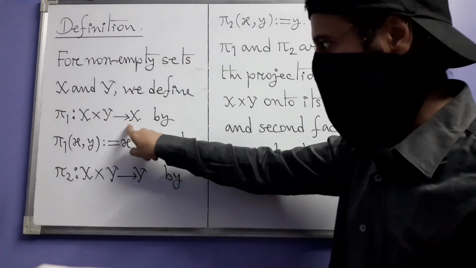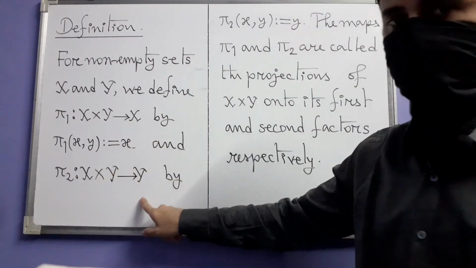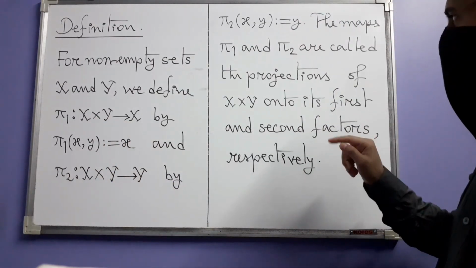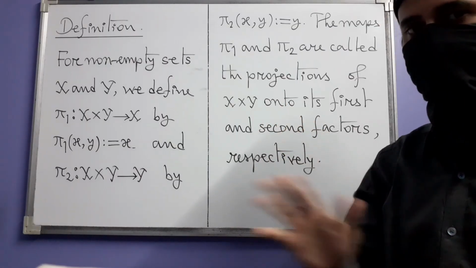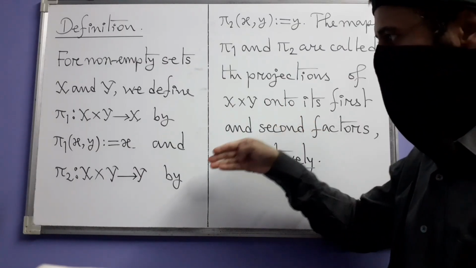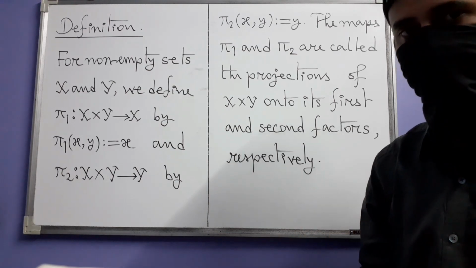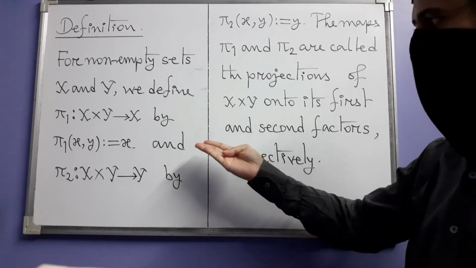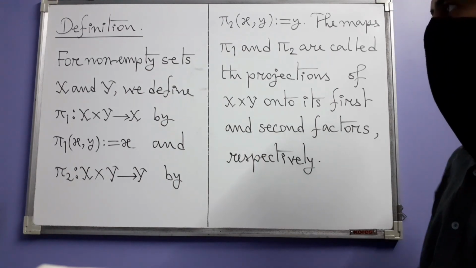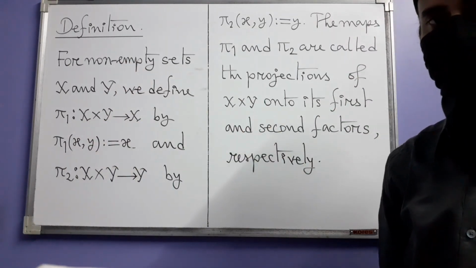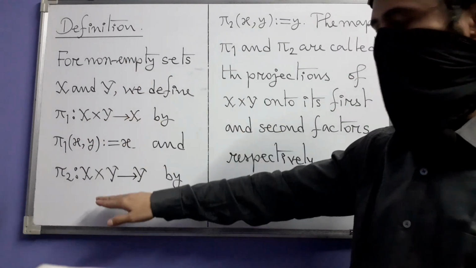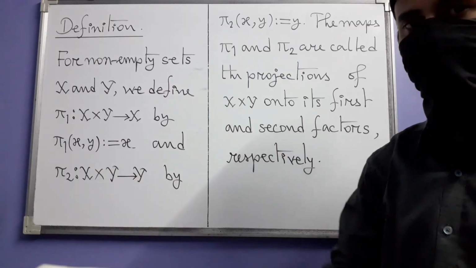The first factor is X and the second factor is Y. The word onto has not been used carelessly, because these functions really are onto, they are surjective, which you can show pretty easily using the fact that you have non-empty sets X and Y. Exactly how pi1 and pi2 are onto, I am leaving that to you.